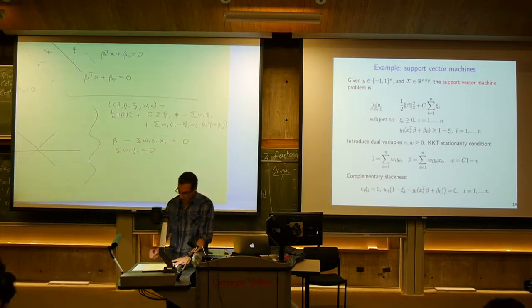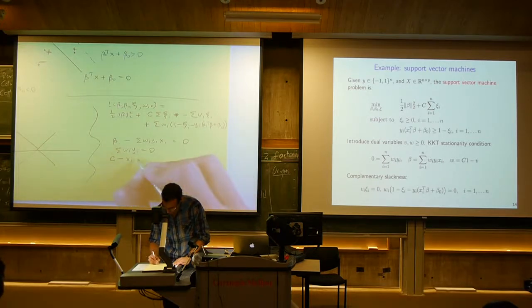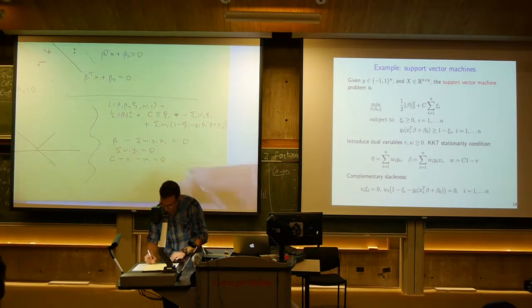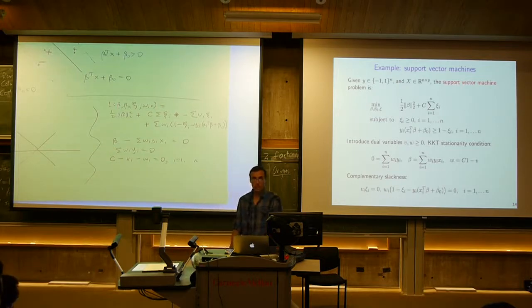And for psi_i, it's actually three terms. So let's just do it for one i. We get C minus v_i minus w_i equals 0 for all i equals 1 through n. So those are the stationarity conditions, just gotten by taking gradients.